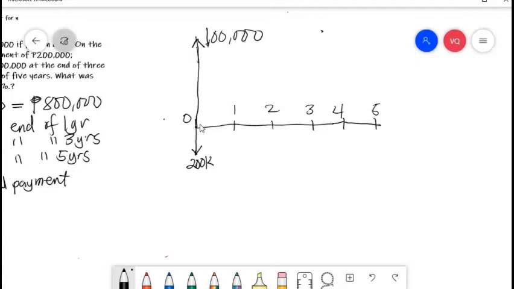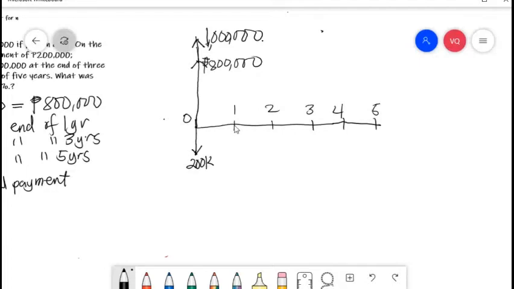So there is no added interest yet. So 1 million minus 200K is 800,000. The magnitude is upward, because the value of 1 million is bigger. So that is 800,000 pesos.